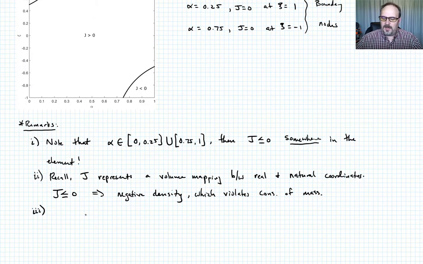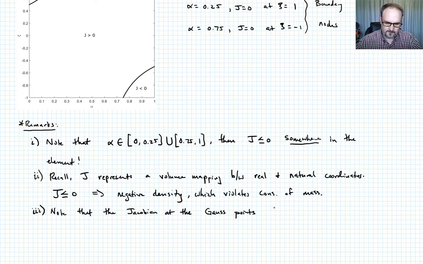Okay, so if we look at the Jacobian at the Gauss points, if you had a first order, only a 1-point quadrature, you might have c equals 0, or more commonly, you're going to have maybe c equals plus or minus 1 over root 3, right?